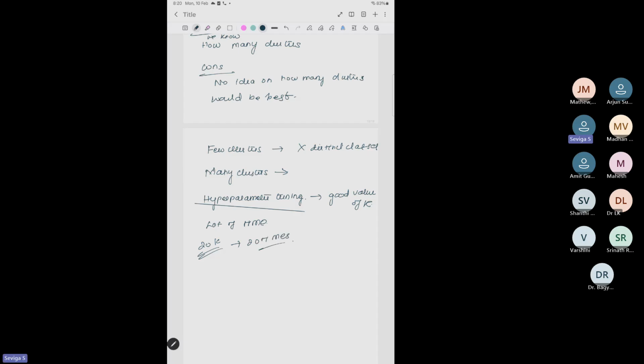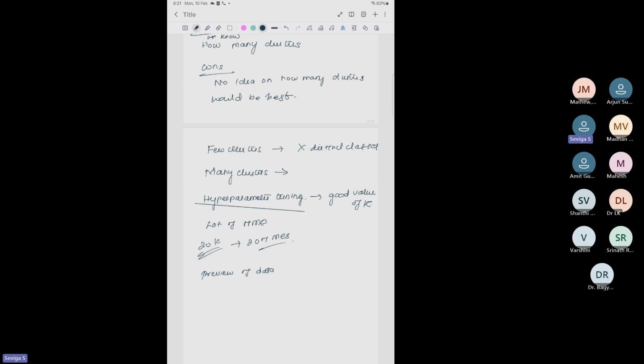So the best way is to have a preview of the data. We will have some kind of visualization tool prior to the clustering so that we can pick the best value of k, instead of running it multiple times and choosing the best value through hyperparameter tuning.